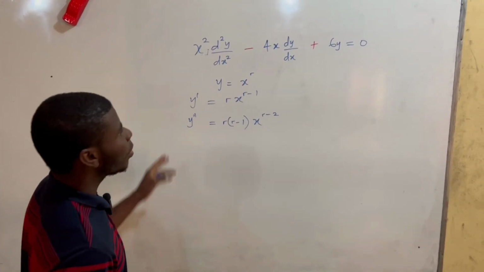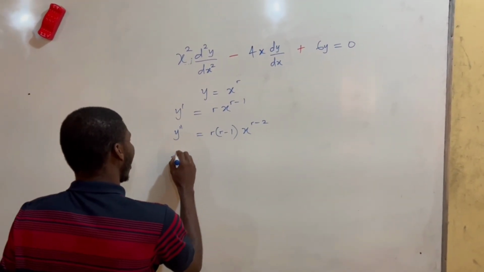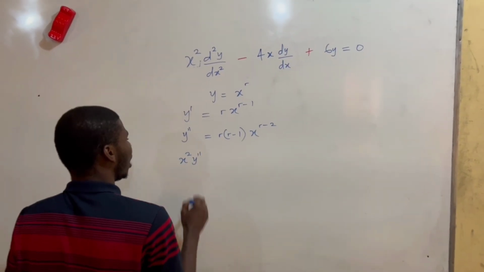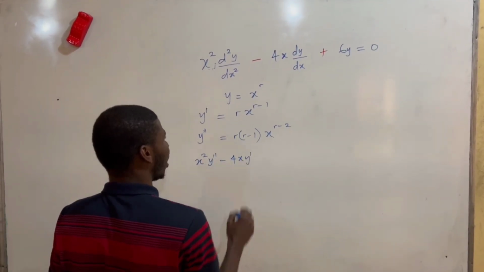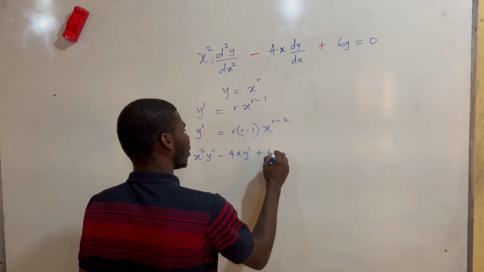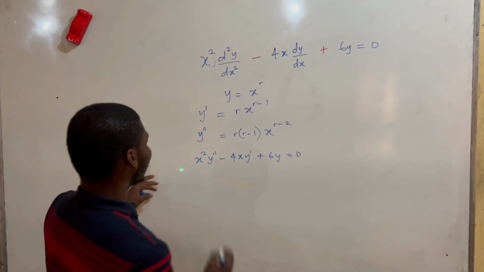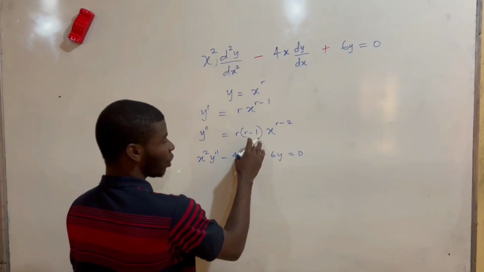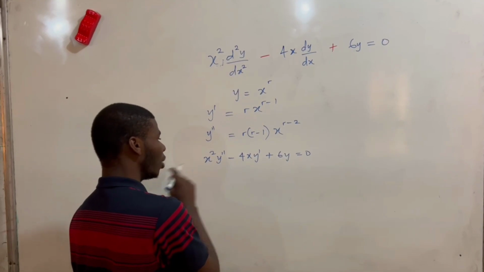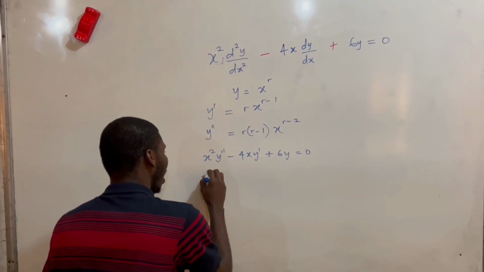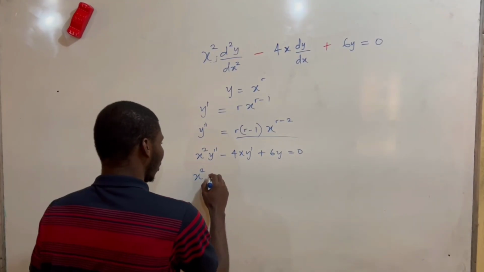Now you can observe that you can also rewrite this original equation as x squared y double prime minus 4x y prime plus 6y equals 0. Now I need to plug in the expressions for y double prime, y prime, and y in this new equation. So we have x squared, y double prime is the same thing as this.